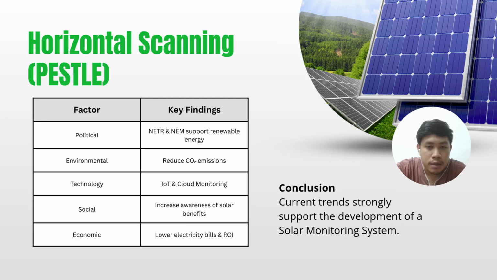Politically, the Malaysian government is heavily supporting renewable energy such as solar through major initiatives like the National Energy Transition Roadmap, NETR, and the Net Energy Metering Program, NEM. These policies create a highly favorable environment for solar adoption and smart monitoring technologies.